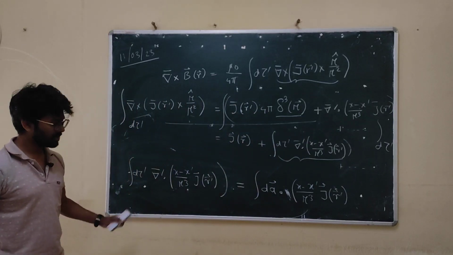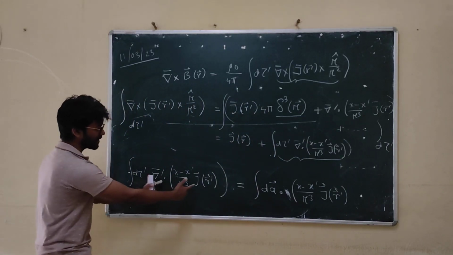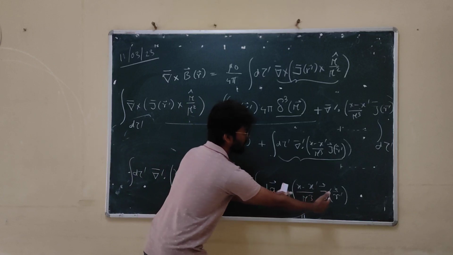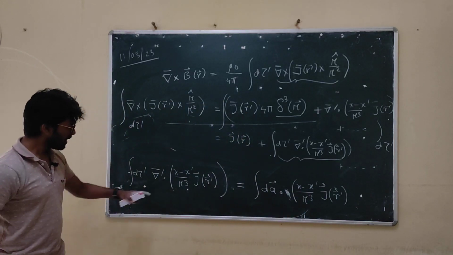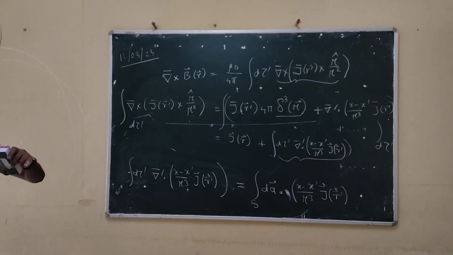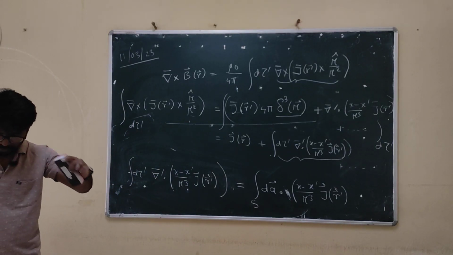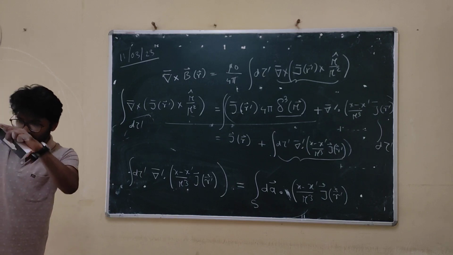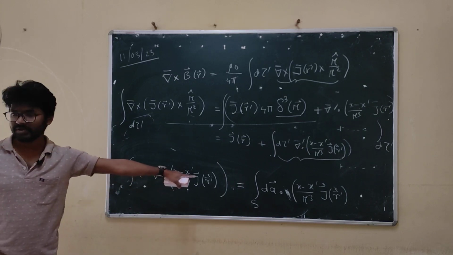Del dot this vector function equals dA dot that vector function. And what is that surface? It is the surface of the volume that you considered. So if you consider this whole volume, then the surface of this volume is that surface.